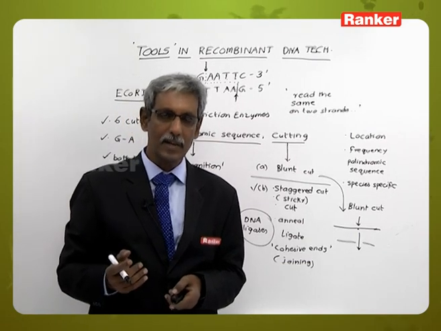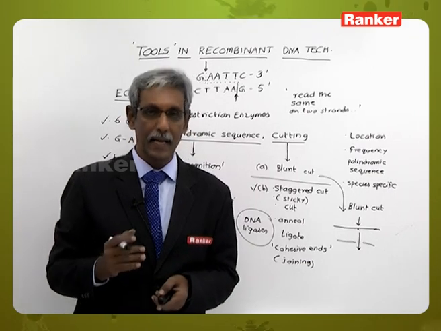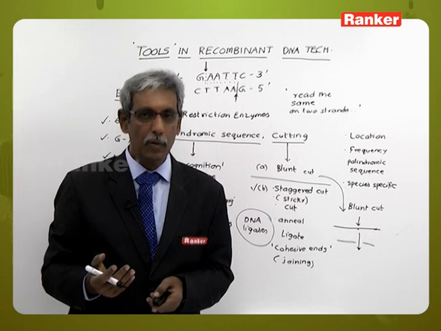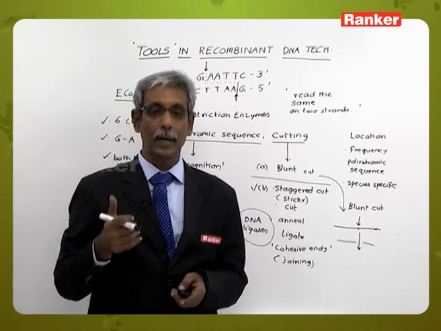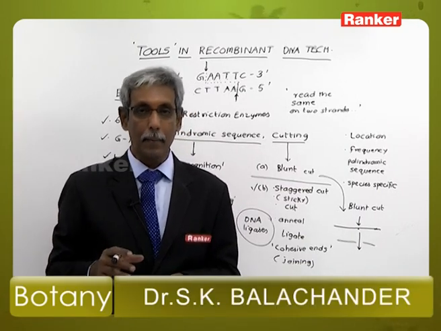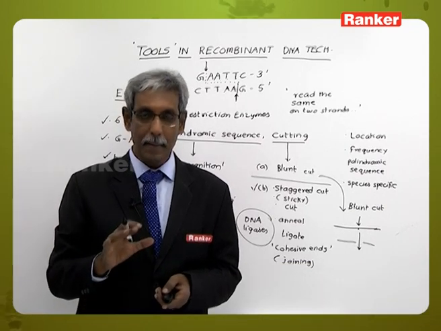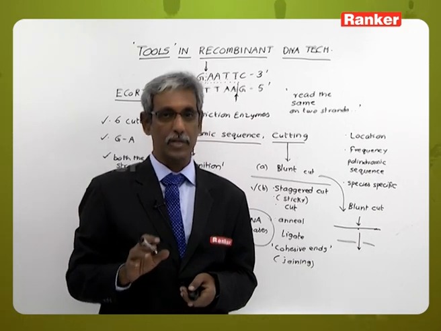And when there are cohesive ends, the cohesive ends can anneal. When the cohesive ends anneal, a linear molecule is converted into a circular molecule, and within the circular molecule you can have the input of a foreign gene, and the circular molecule can be sent from one bacteria to another bacteria. So this is primarily about the nomenclature and the cutting sequence of restriction enzymes.